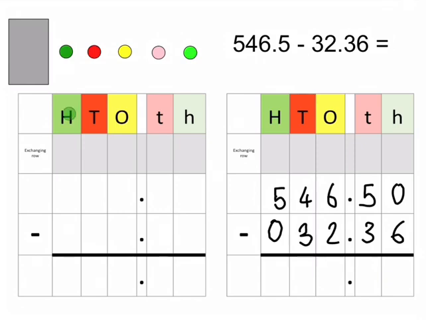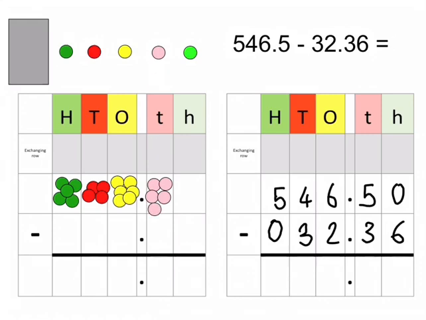Right, so we've got 1, 2, 3, 4, 5 hundredths. 1, 2, 3, 4 tens. 1, 2, 3, 4, 5, 6 ones, and 1, 2, 3, 4, 5 tenths.